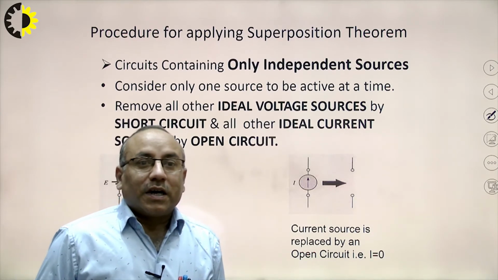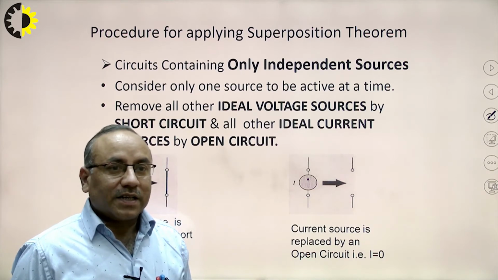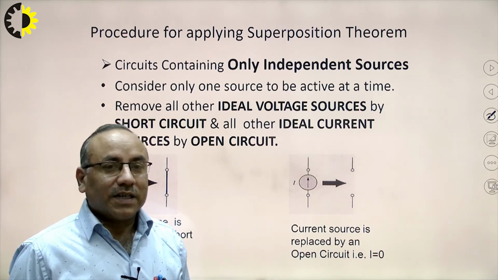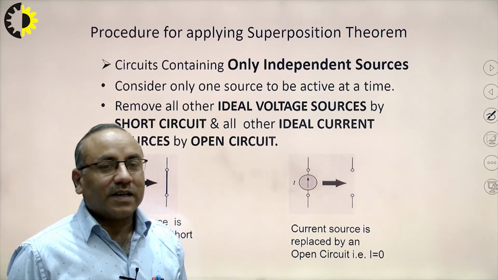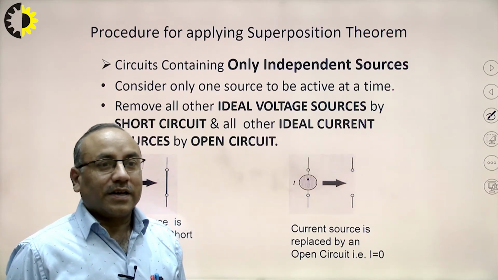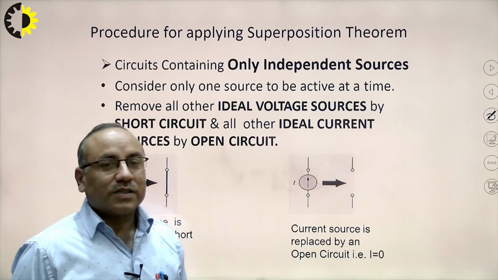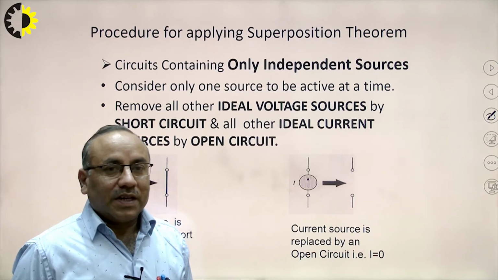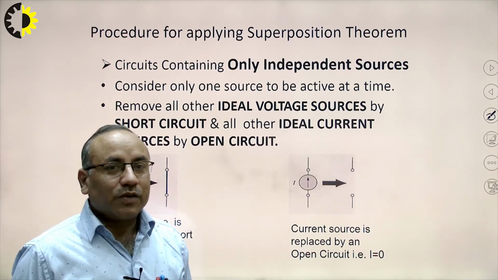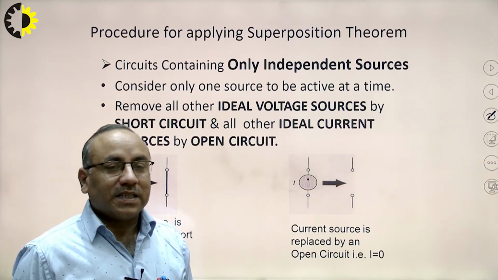We take ideal voltage and ideal current sources here because of the 0 internal resistance of an ideal voltage source and the infinite internal resistance of an ideal current source. On the other hand, for a practical voltage source, when we turn it off, the voltage of the source is made 0 and the internal resistance remains as it is in the circuit.